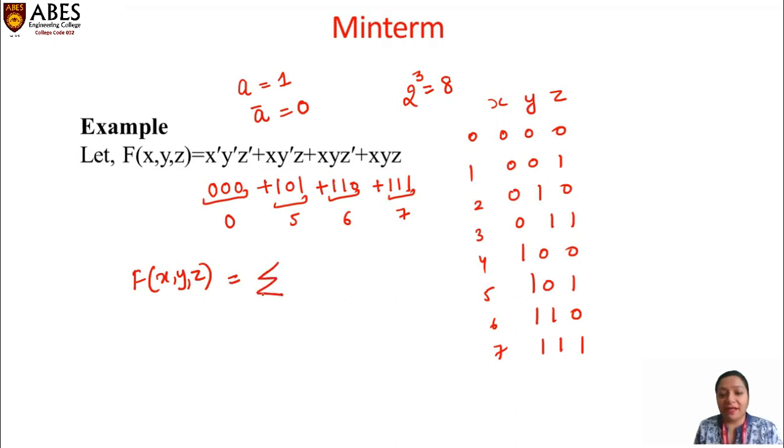Now, whenever we are writing the expression for min terms, we use the symbol summation, that is m0, m5, m6, m7. So the given Boolean expression is now being converted into the min terms. These are the following min terms, right? And the symbol used to denote the collection of min terms is this summation, right?